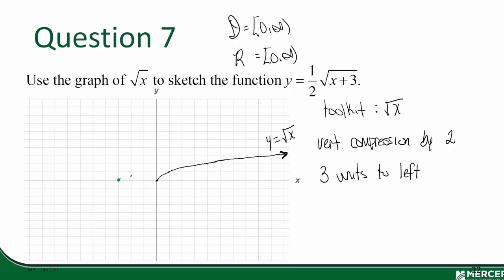All right, so then square root of 4 is 2. That gets moved over to the left by 3. And then cut in half. This should be 9. It's 3. Move over 3. And then cut in half. The next perfect square would be 16, which if we moved over by 3 would be 13, which isn't on our graph.